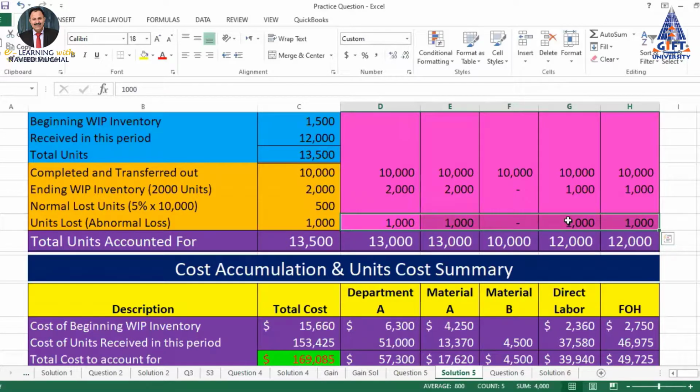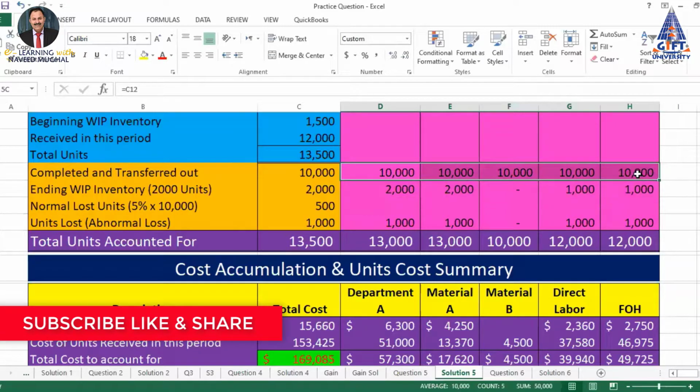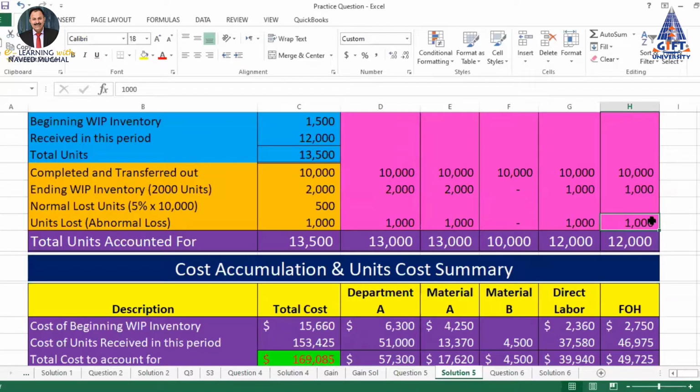And if we have these abnormal loss units at the end of the process, we will have 100% of cost elements, and we will not multiply this with the 100%. We will treat them like completed units, only in that case where we have lost units at the end of the process.